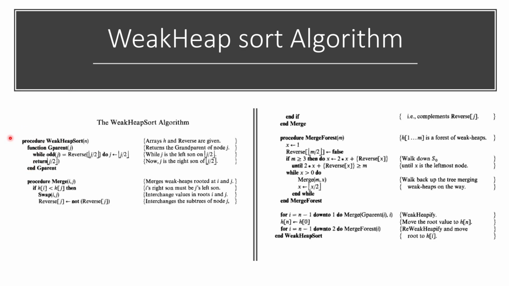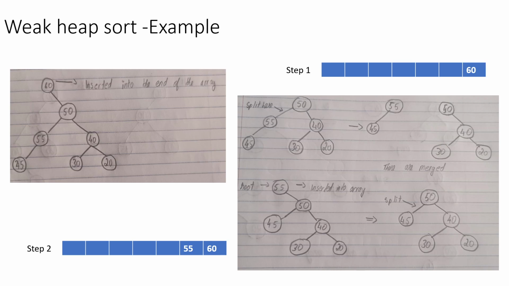The function weak heap sort encompasses the entire process, and the merge function is just the function we saw recently. The merge function is called recursively until the heap is sorted entirely. And let us see with an example.